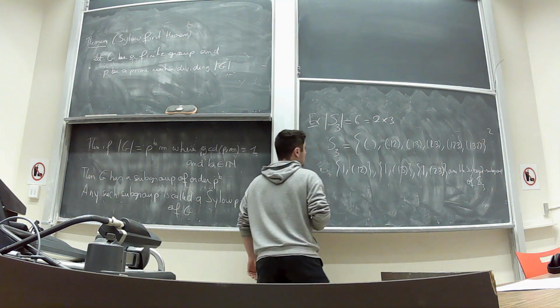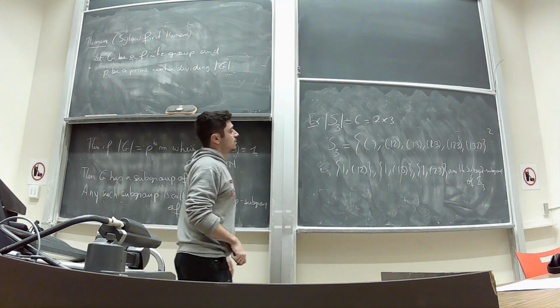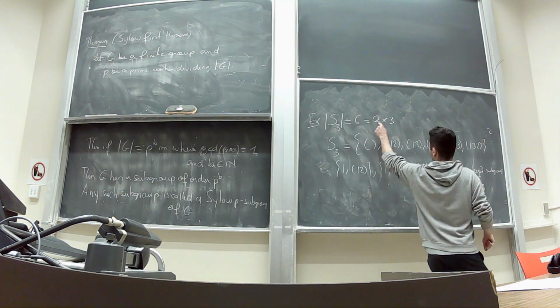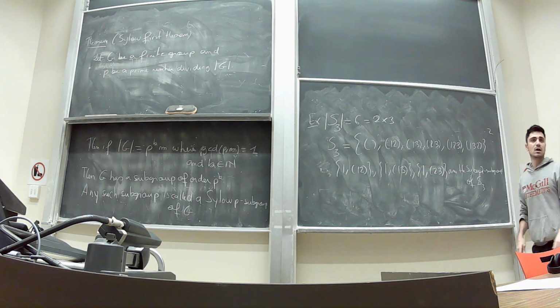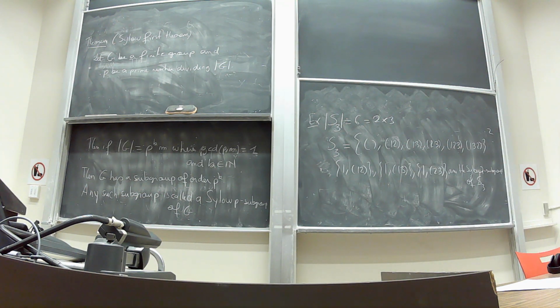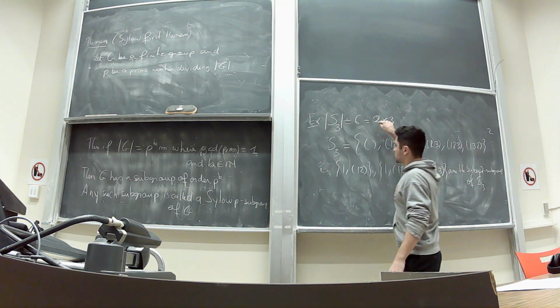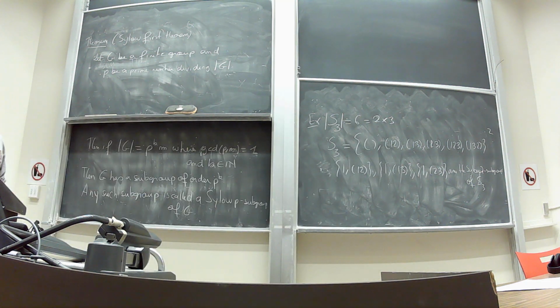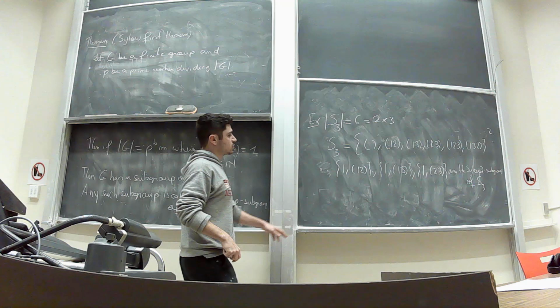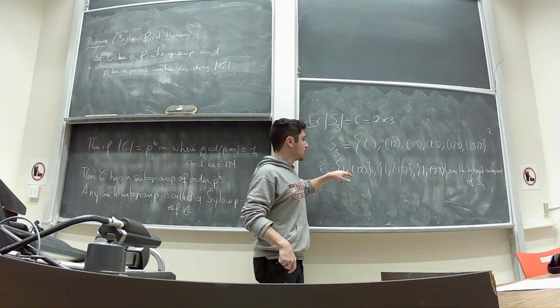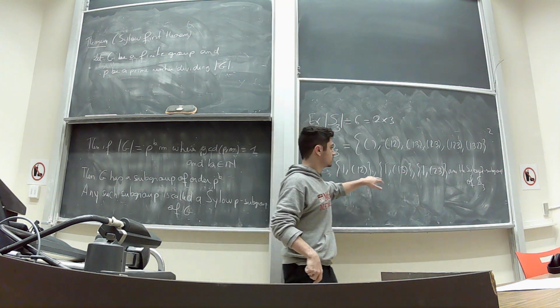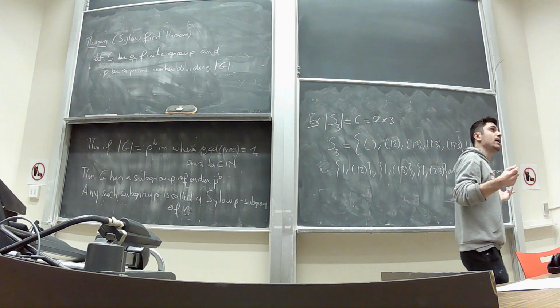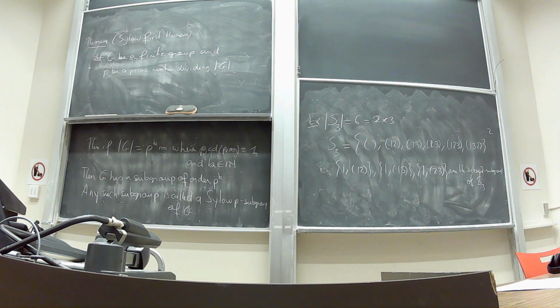Why is that? 2 is a prime number dividing 6, and 2 to the 1 is the highest power of 2 that divides 6. So the Sylow 2 subgroups of S3 are of size 2. We call this a Sylow 2 subgroup, by definition.